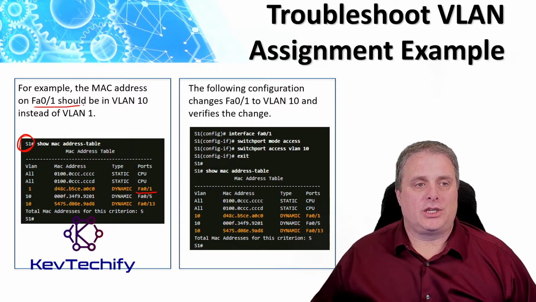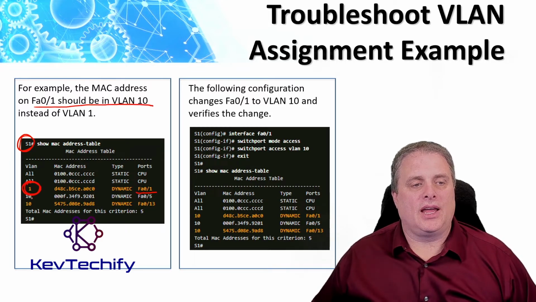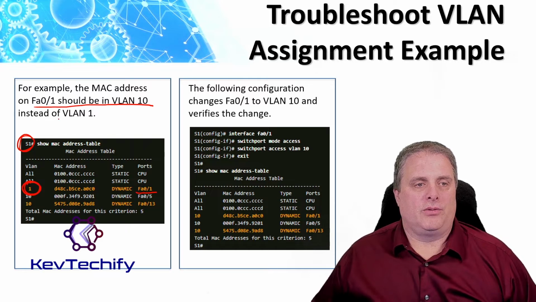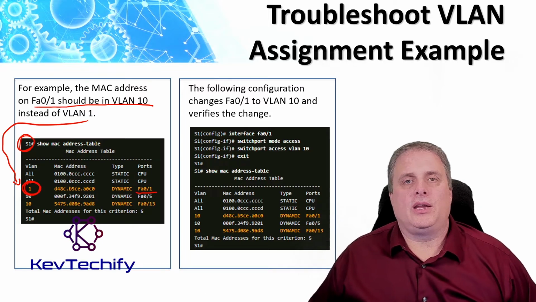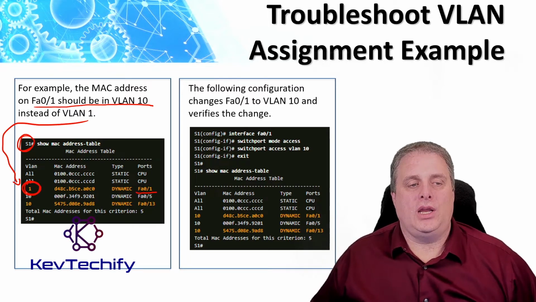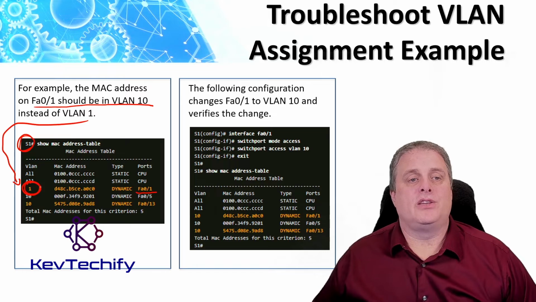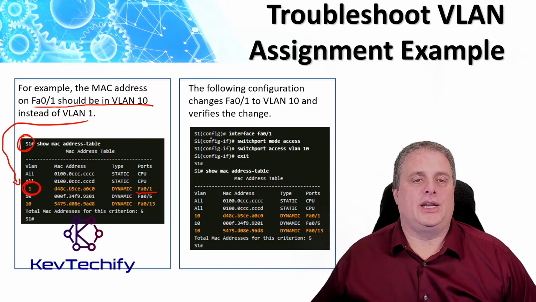So FastEthernet should be in VLAN 10, but instead it's listed as VLAN 1. VLAN 1 is our default VLAN, and for security purposes, we don't allow any connectivity from VLAN 1 here. It needs to be in VLAN 10. So what we have to do is change that.